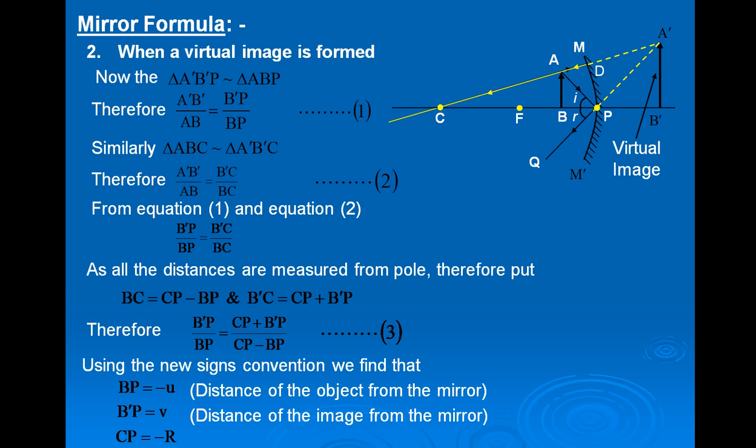CP is equal to minus R, the radius of curvature, again negative because it is against the direction of incident ray.